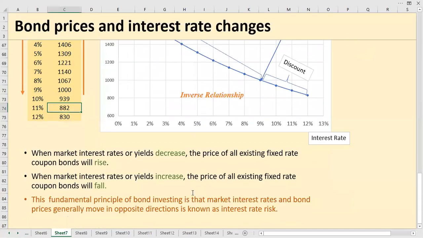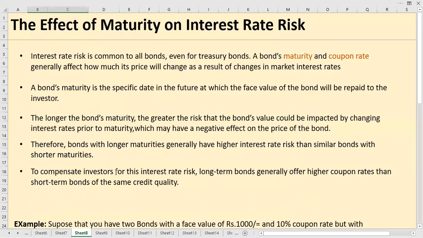Okay, now moving into the next step. Here we are going to discuss how the price of the bond changes when the required rate of return is changing, and then we are going to discuss the effect of this interest rate when the maturity of the bond is changing.